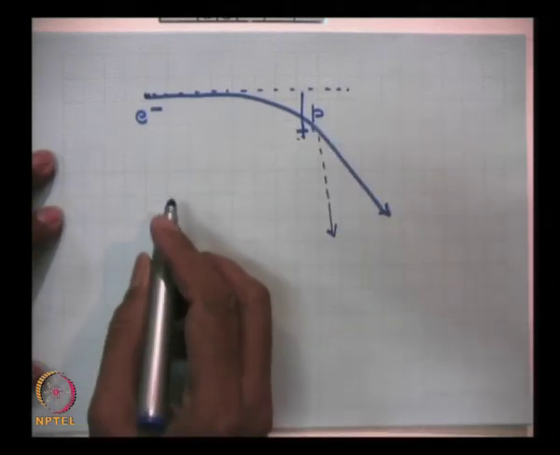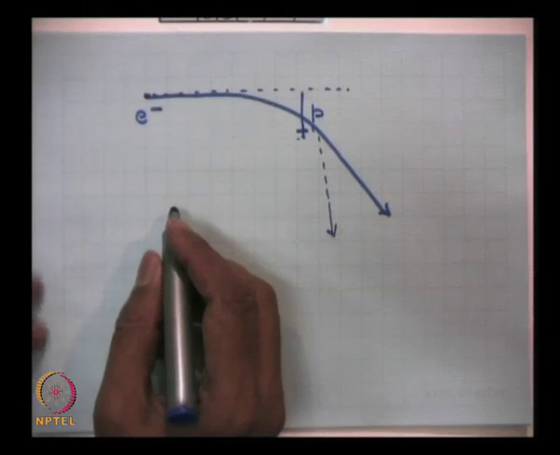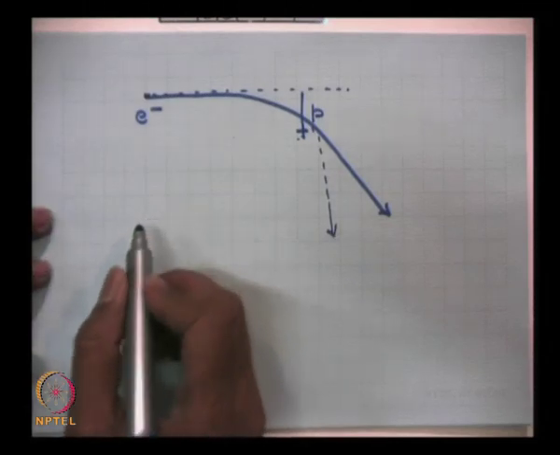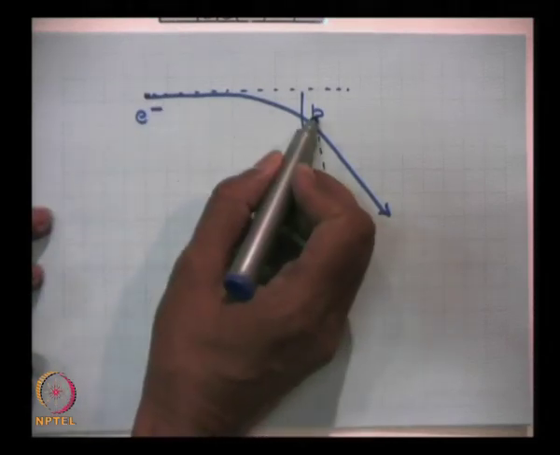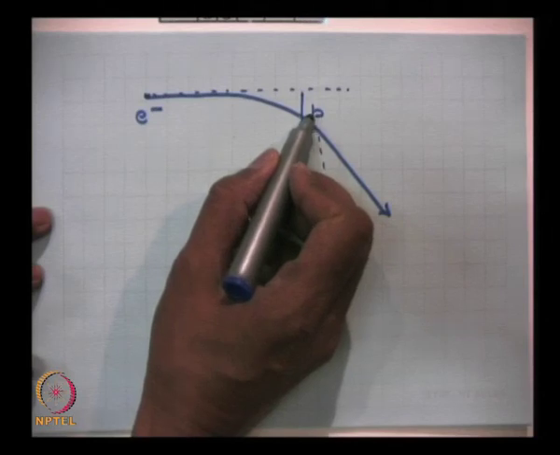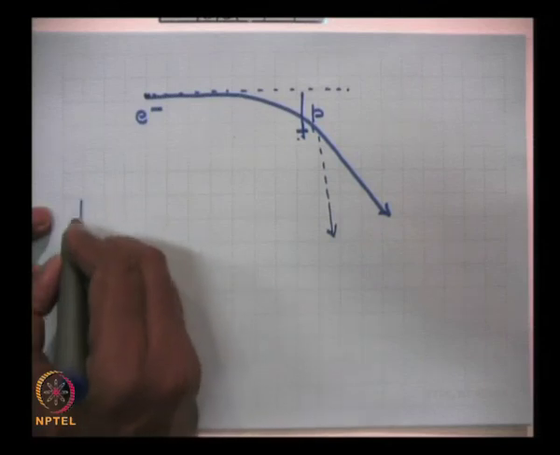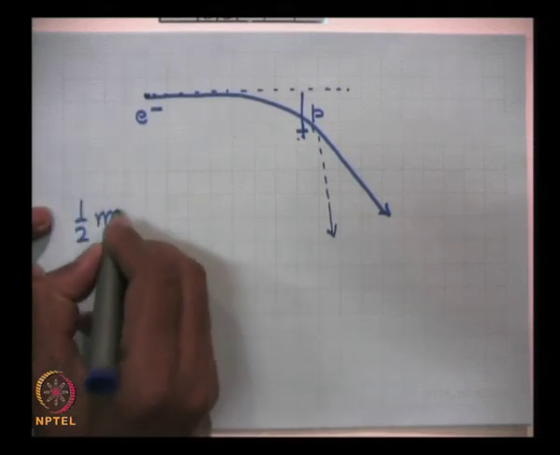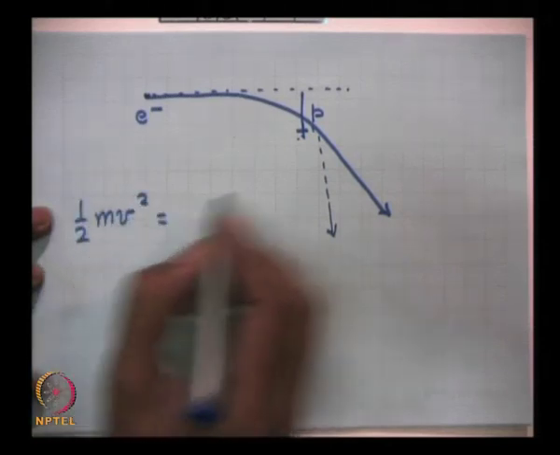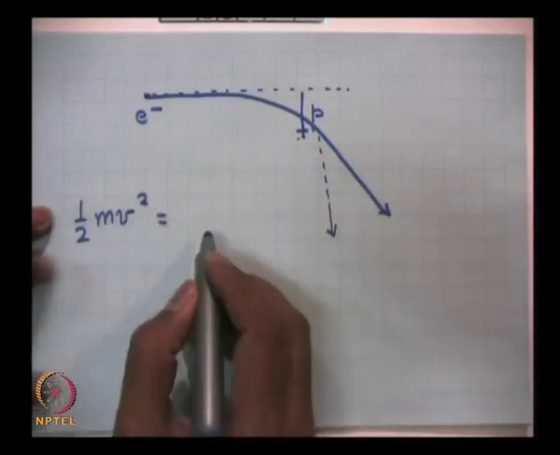And what has been found in a simple calculation is that impact parameter p for which the kinetic energy of the electron, which is half mv square, equals the potential energy due to the ion.